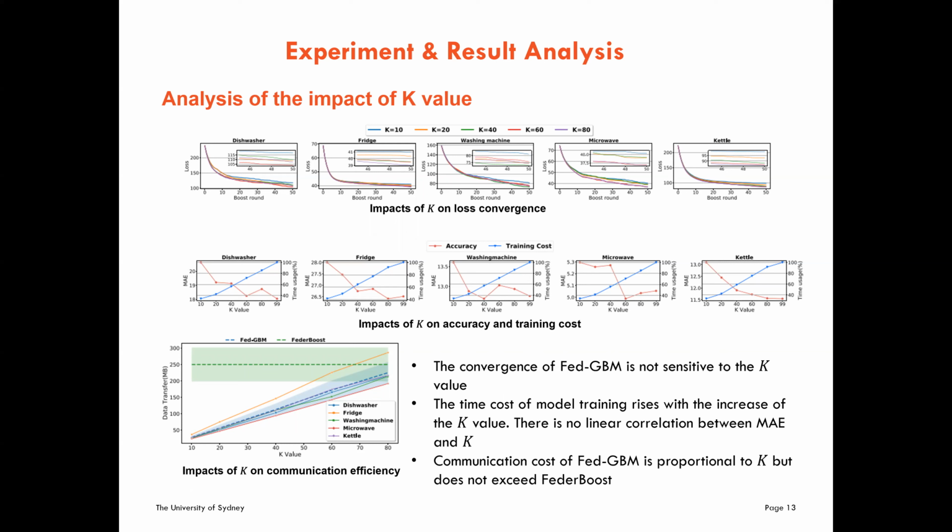There's no linear correlation between the MAE and K. Third, the communication cost of Fed-GBM is proportional to K. These results are aligned with our theoretical expectations.